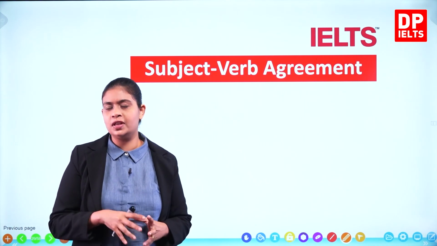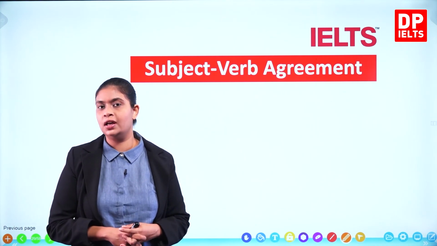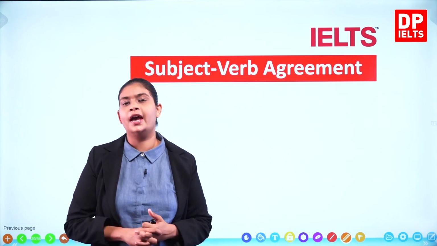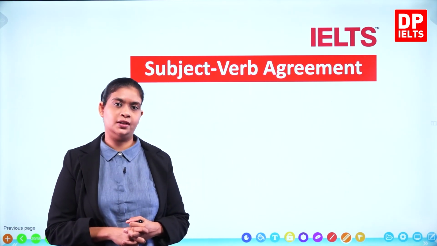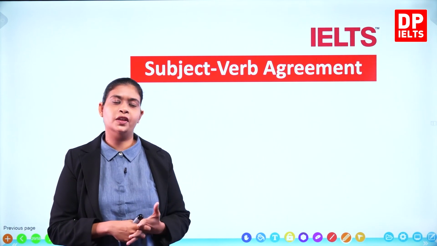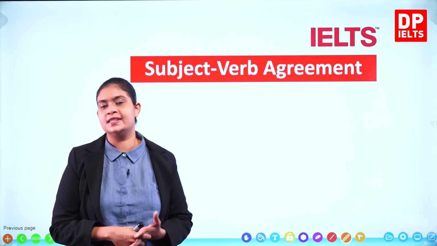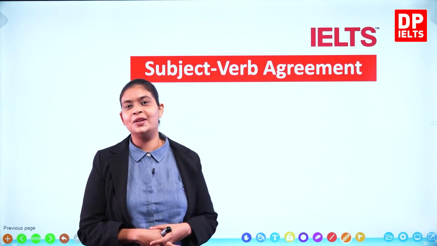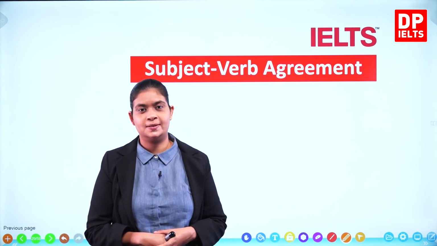Therefore, for those kind of words, you have to make sure that the verb is plural. We also had a look at what is a subject. A person, a thing, or an animal who does the action. And, as usual, we had a look at some of the practice questions.